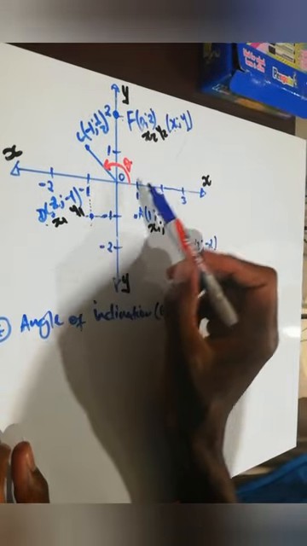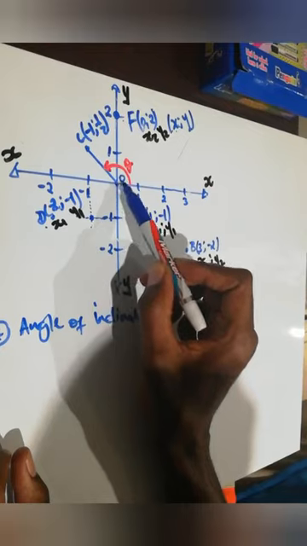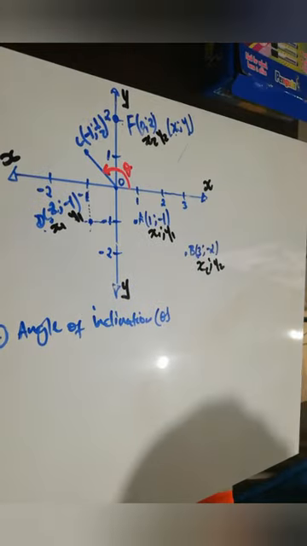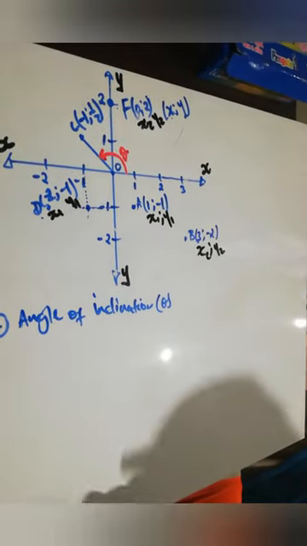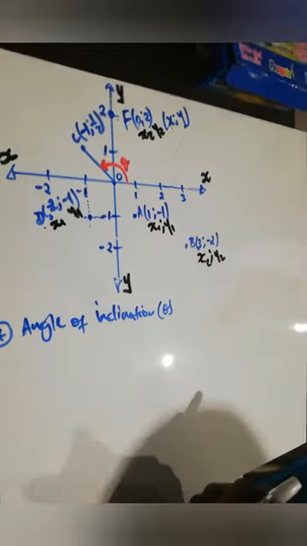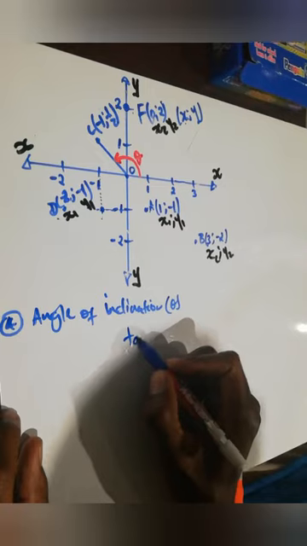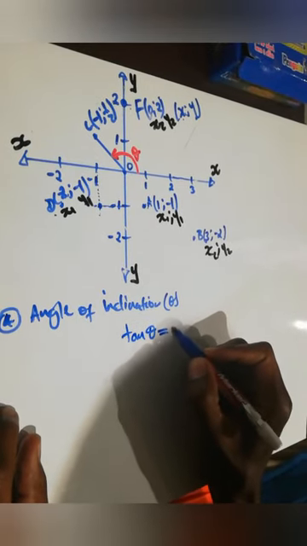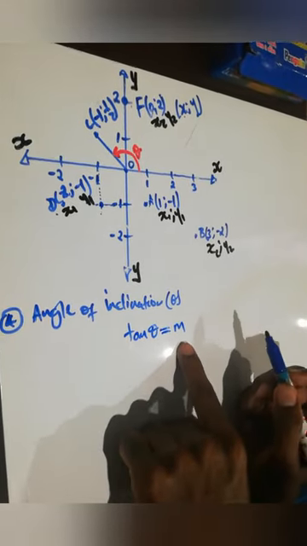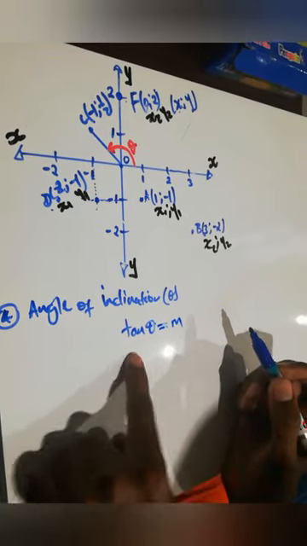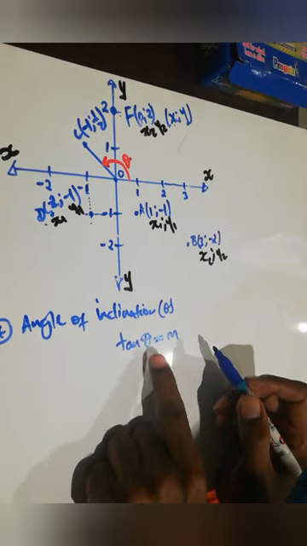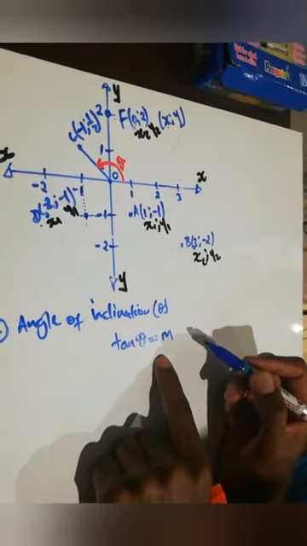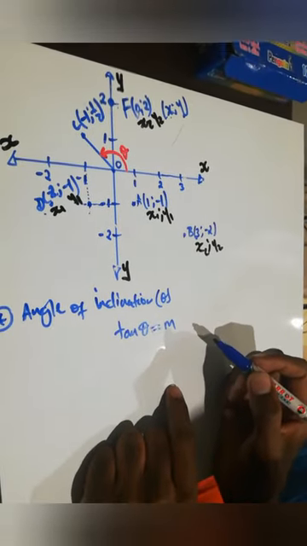In this case, that line starts from 0, the origin, and reaches point C. Remember, point C is the midpoint of DF. So if they want the angle of inclination, we know that tan of theta is equal to m, where m is the gradient of the line of interest, the line that is creating the angle theta.